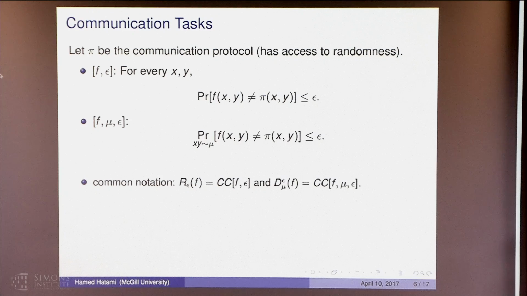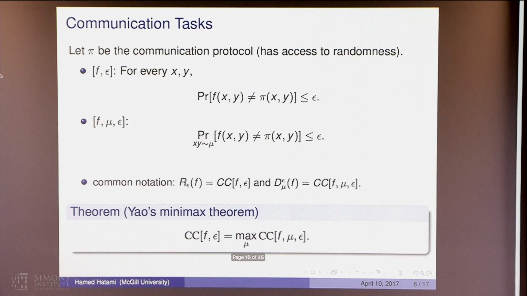Now, the common notation in communication complexity is that the communication complexity of the first task is often denoted by R epsilon of f, the randomized communication complexity of f. The second one is the distributional one, D mu epsilon of f. But I'm going to stick to this notation, CC, standing for communication complexity of these two tasks.